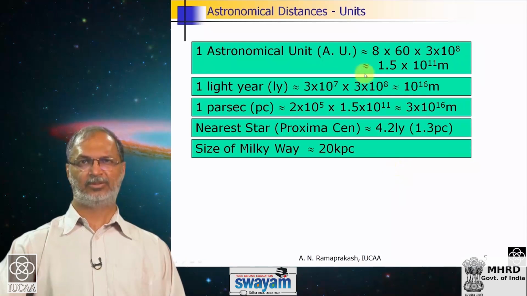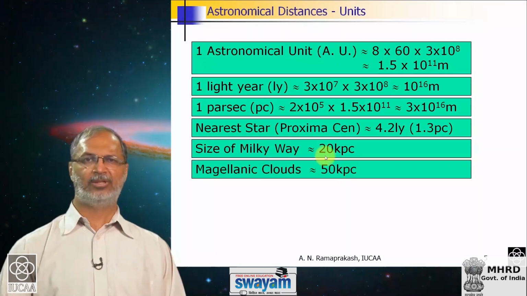This is enormous. You can already see the Earth-Sun distance is already very large, 10 to the 5 times. That is 1 light year, several light years is a parsec. Now, you are talking about several tens of thousands of parsecs. That is the size of the Milky Way galaxy.